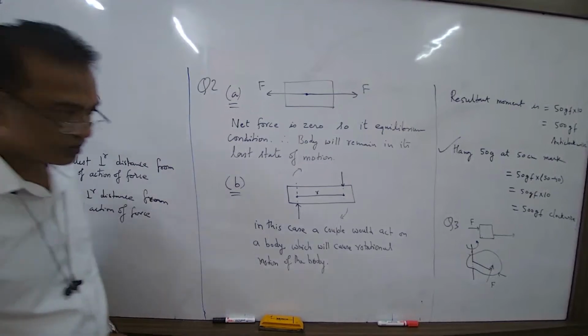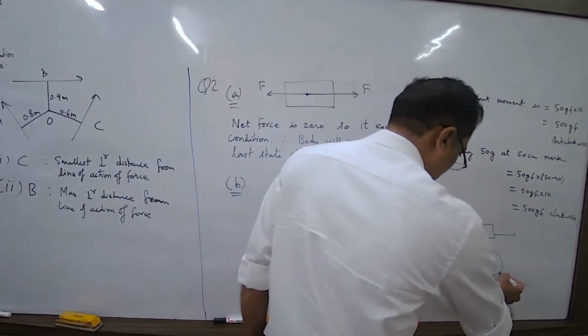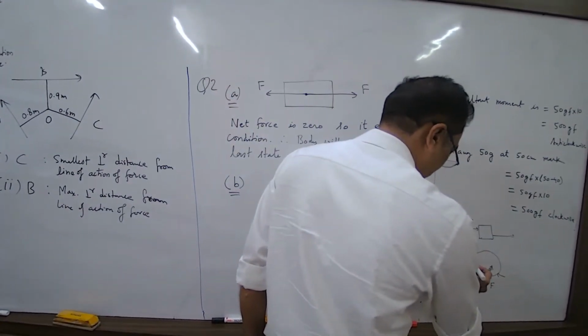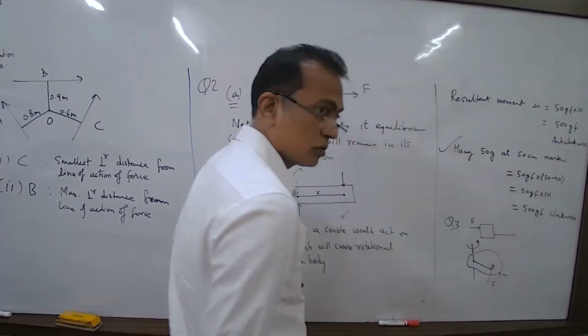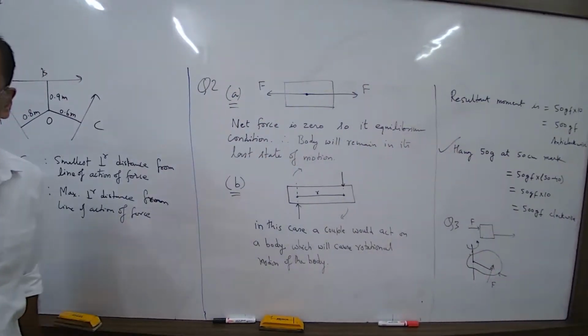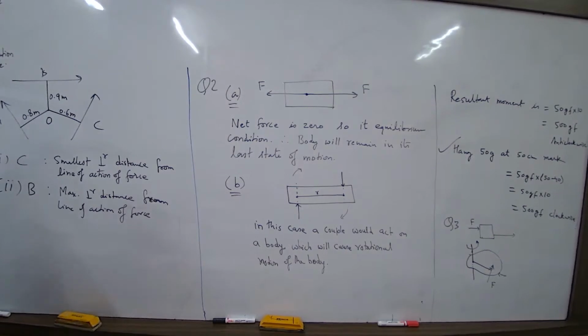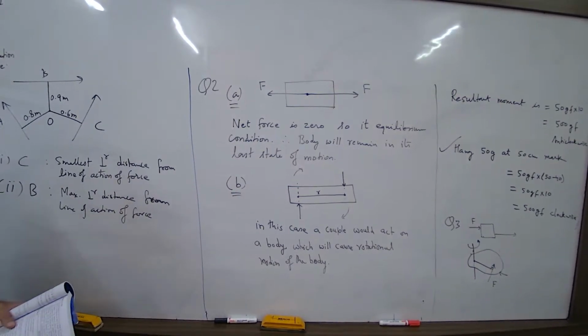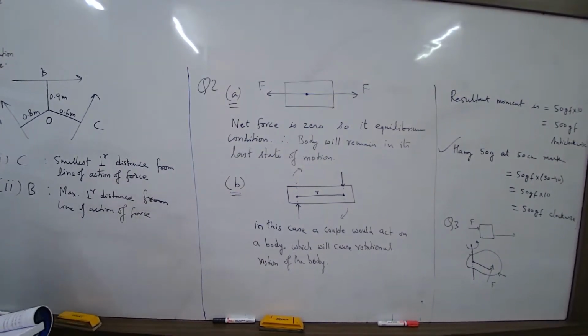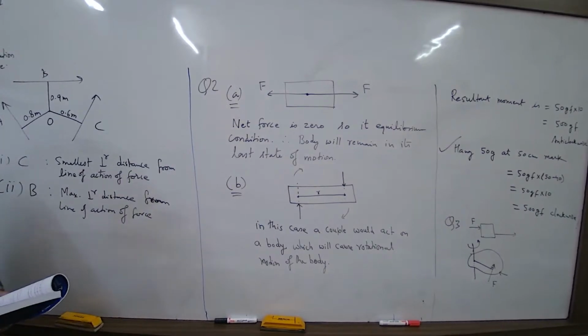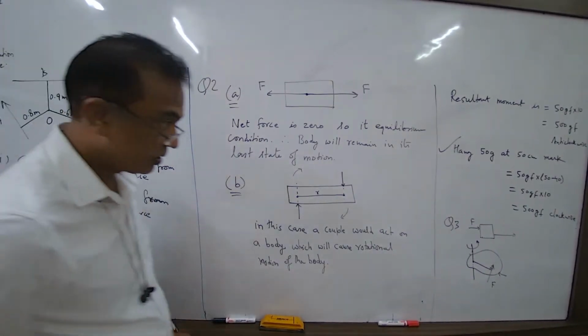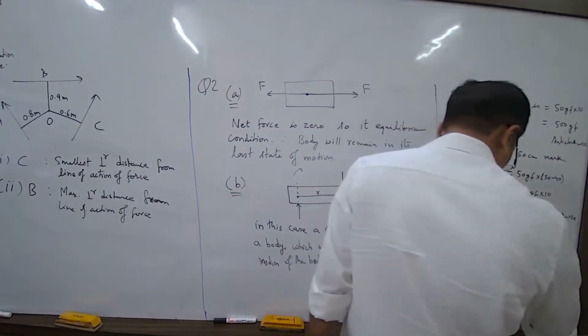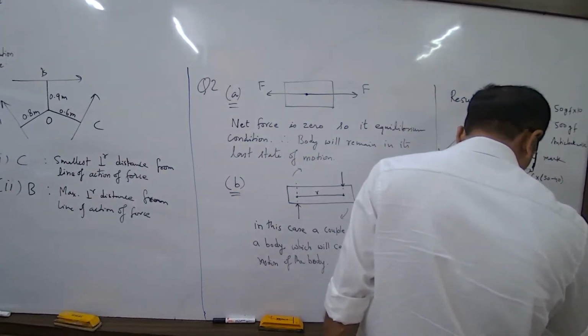Because if the line of action is along the pivot, then this point falls on the force. So the perpendicular distance becomes 0. So it will not rotate. Neither will it rotate nor will it move anywhere. Is that clear? So the answer to the second part is it will cause rotational motion.